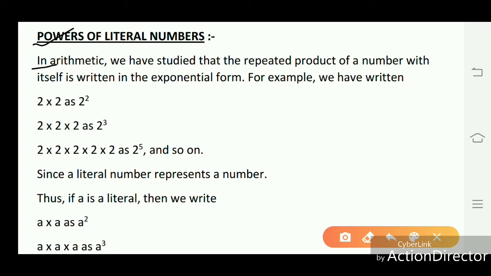For example, we write 2 multiplied by 2 as 2 square, or we say 2 power of 2. 2 multiplied by 2 multiplied by 2, here 2 is multiplied 3 times, so we write 2 power of 3, or we say 2 cube. Now here 2 is multiplied 5 times, so we write 2 power of 5.